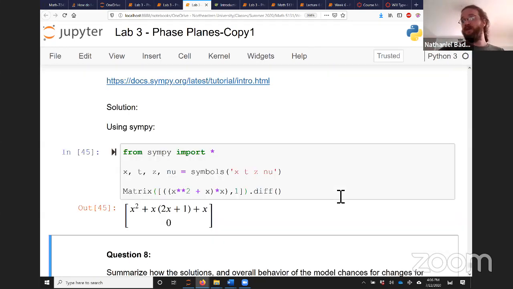But I want to open this up as a tool that you can use, and basically give you my blessing to use it for the rest of the class. As long as you show your calculations one way or another, you're more than free to use SymPy to do calculations. I would encourage you to try it out. There's a lot of power in there.